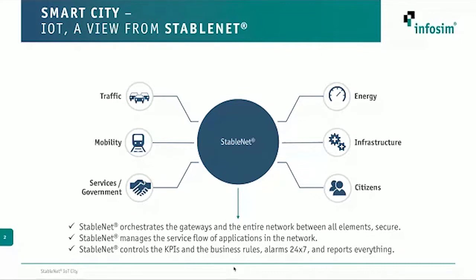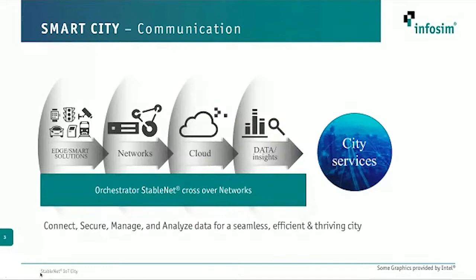So with StableNet, you get an end-to-end view of everything. The communication is clear in a smart city environment: we have the applications, the sensors, the networks, the cloud, and the big data. StableNet allows you to orchestrate the entire chain of these services from the sensor to the data analyzing system.